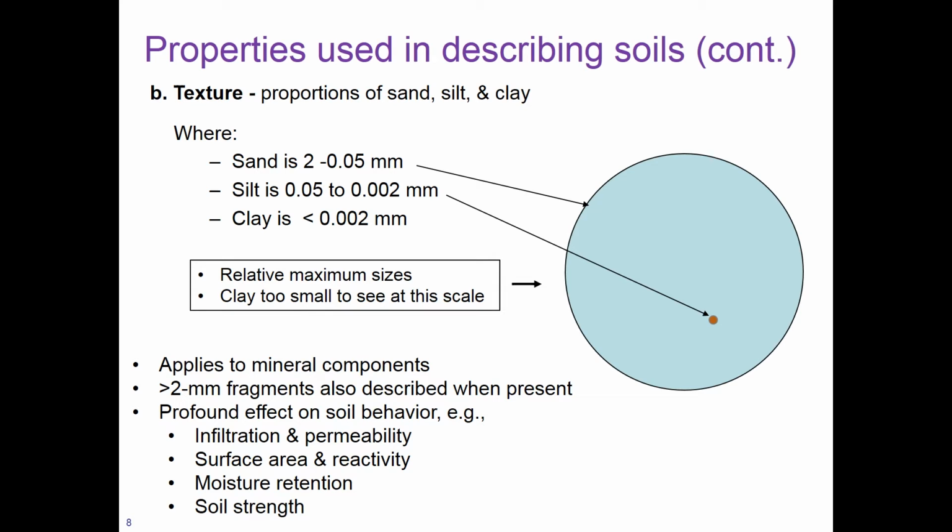Texture has a profound effect on soil behavior, and I've given just a few examples of properties that are strongly influenced by texture: infiltration and permeability, surface area and reactivity. Although texture is not the only thing that dictates reactivity, it does have an effect. Moisture retention, certainly, and soil strength, engineering properties of soils, bearing capacity, compressibility, and so forth.